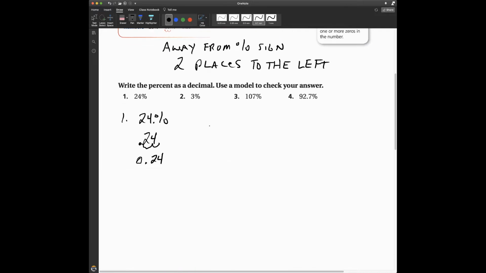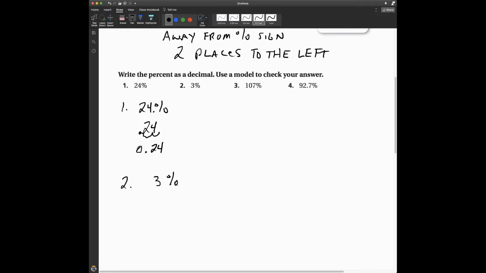What about number 2? I have 3%. Remove the percent symbol, so the decimal would be right there again, and move it 1, 2 places to the left. I have an empty space here. So what do I fill the empty space with?